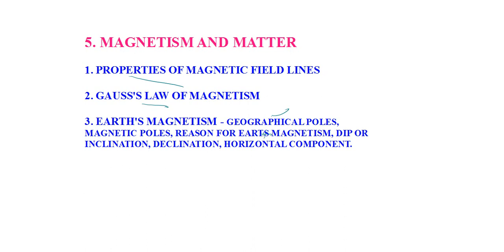And very important: what is meant by dip or inclination, declination, and horizontal component. Please read these three definitions. Definitely this will come for 2 marks. And properties of magnetic field lines they may also ask.